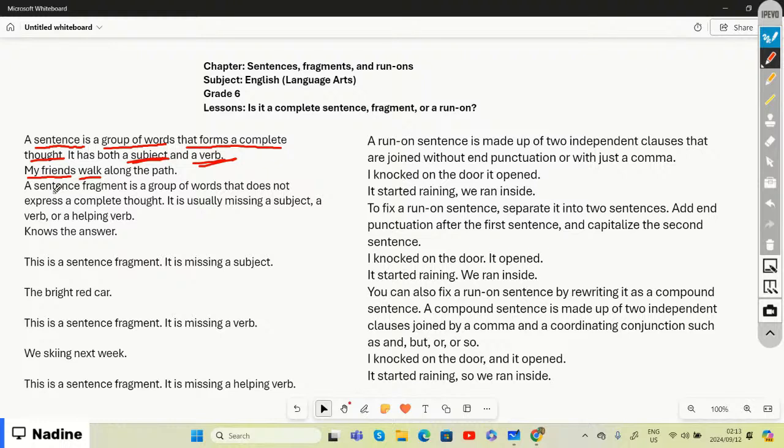And then we have a sentence fragment. Before we go into a sentence fragment, a sentence is a group of words that forms a complete thought and it has both a subject and a verb. But now we have a sentence fragment. A sentence fragment is a group of words that does not express a complete thought.